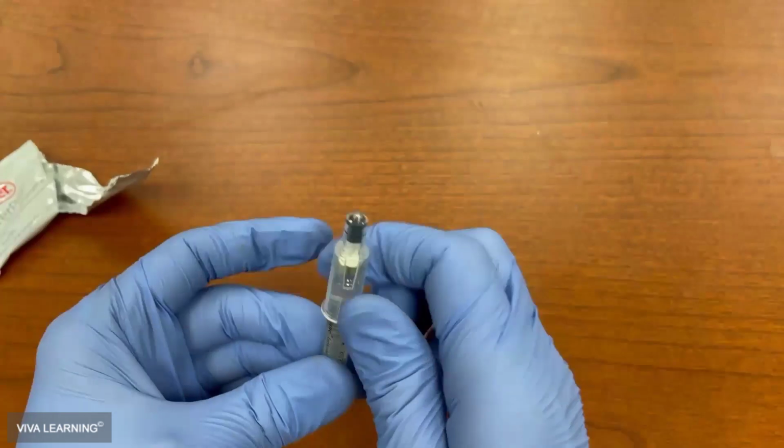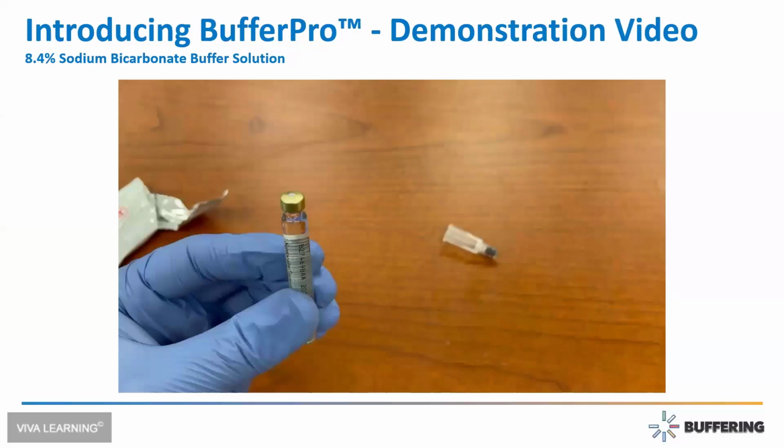And that's it. Voila, buffered. Now, the IFU does say to maybe invert the cartridge a couple of times, but that may not even be needed. As soon as you take the capsule off, it is ready to go. Put it in the syringe, and it's ready to be injected.